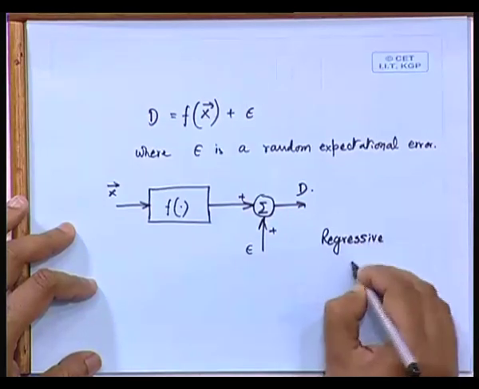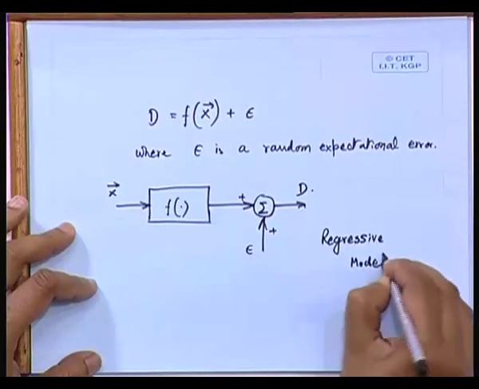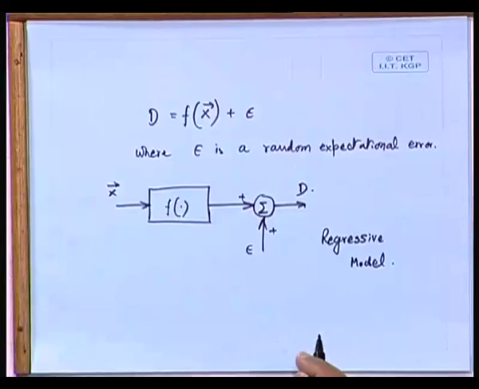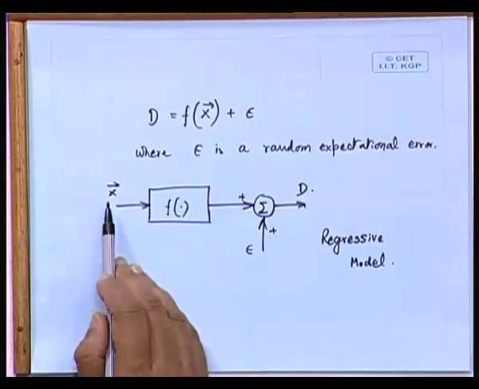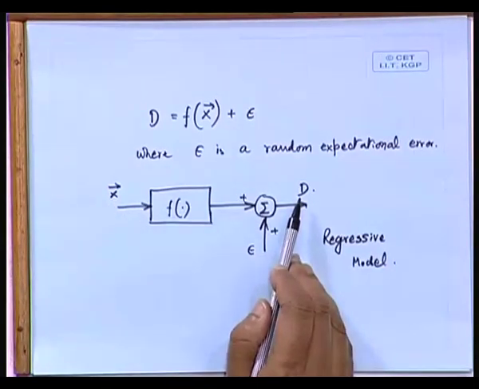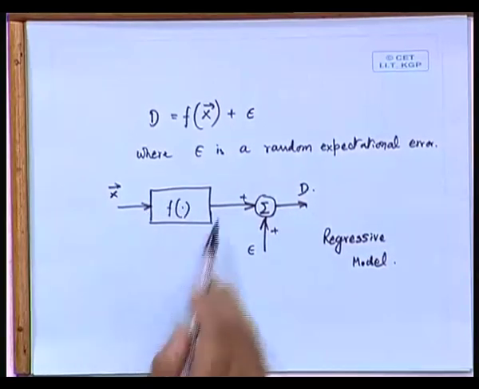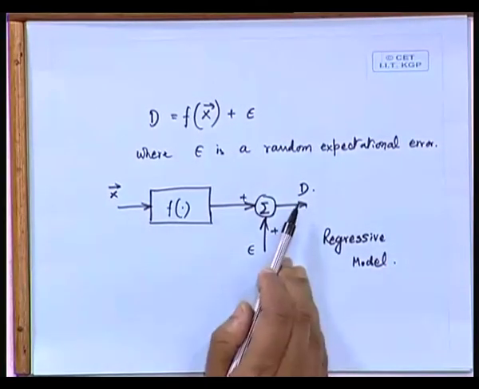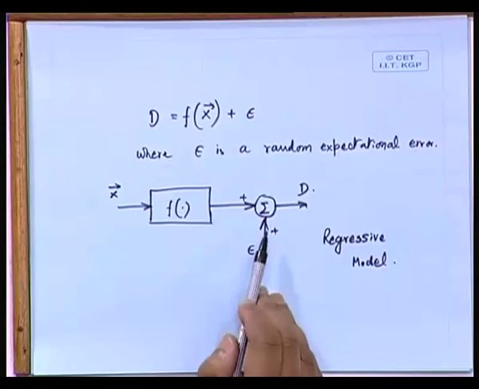It is a mathematical regressive model. What we have as the input is x and what we have as the output is D, and in between it is this function f(x) which models this. Is this f the same as the target function f?